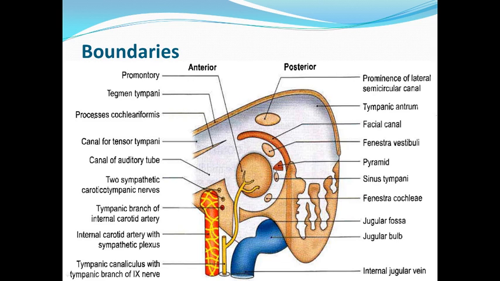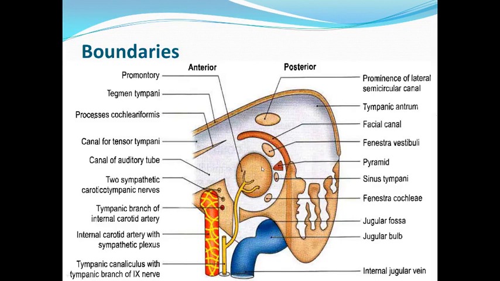And lateral to this pyramid, near the posterior edge of the tympanic membrane, there is a posterior canaliculus for the chorda tympani nerve, through which this nerve basically enters the middle ear cavity.